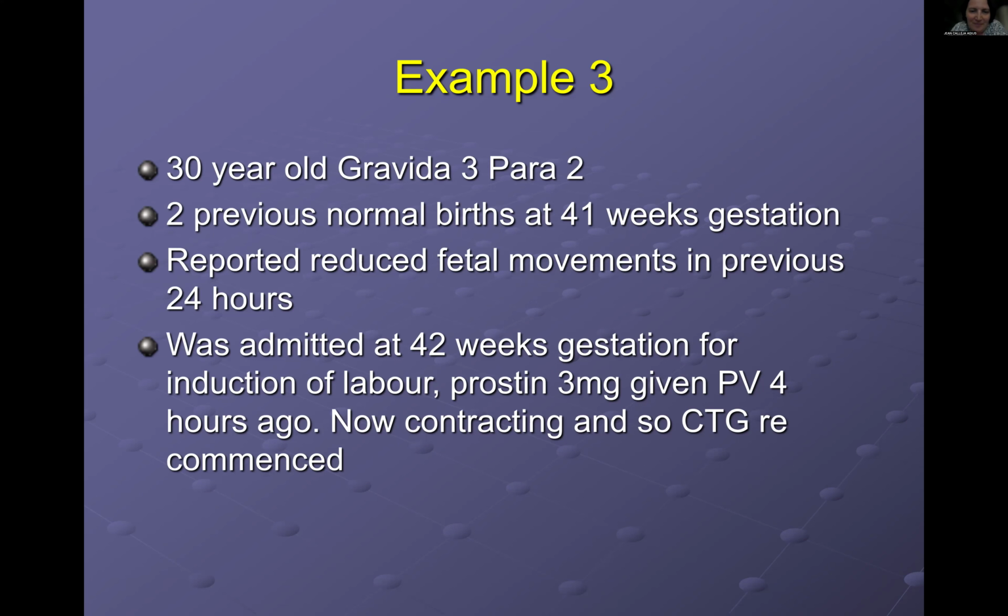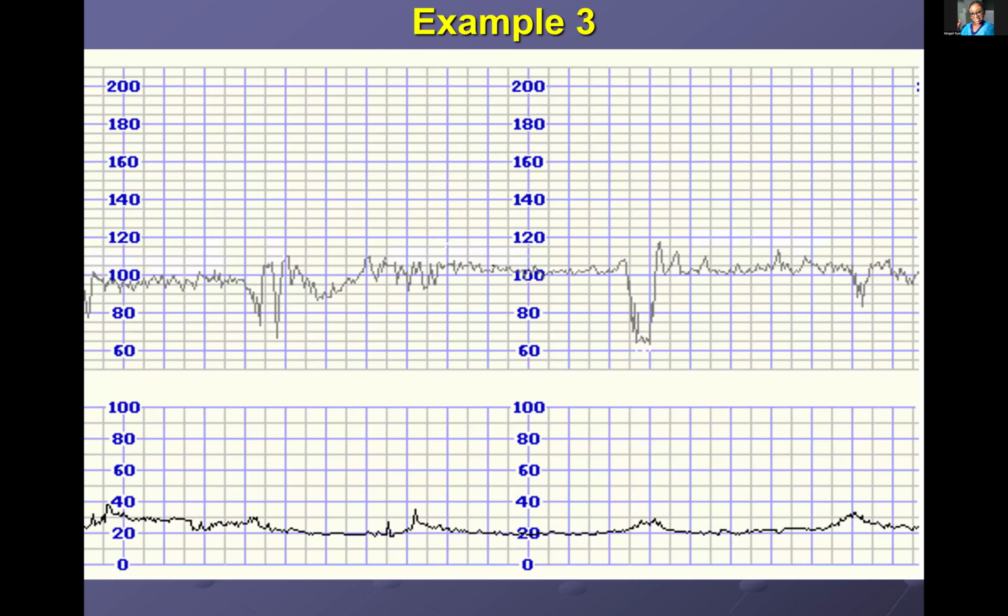She also reported low fetal movements, so also making her high risk. Plus the fact that you're intervening, now you're starting an induction, so that also puts her at high risk. It looks like we have three high risks, or 3 reasons for her to be monitored on the CTG. Exactly. I agree.